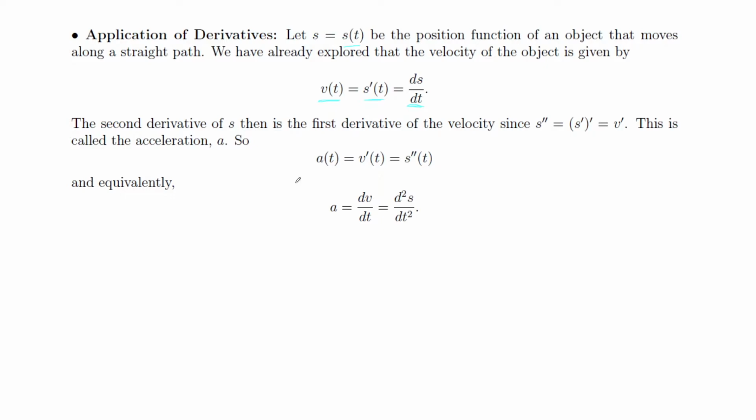We're hitting the accelerator. We're accelerating, right? If we hit the brakes, we are decelerating. So the second derivative of position is the first derivative of velocity, or in other words, the rate of change in velocity, which we know as acceleration.